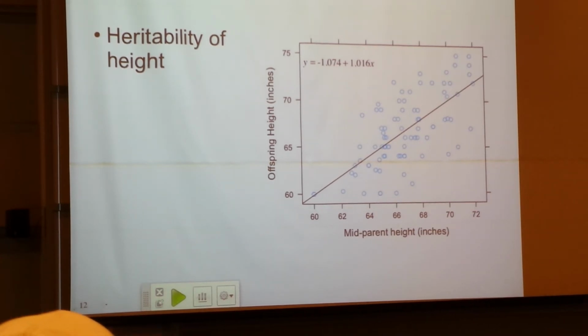We were one of these dots. So what's the heritability of height? Anyone? 1.016. That's right. So it's about 1. Height apparently is profoundly heritable, which is really interesting.